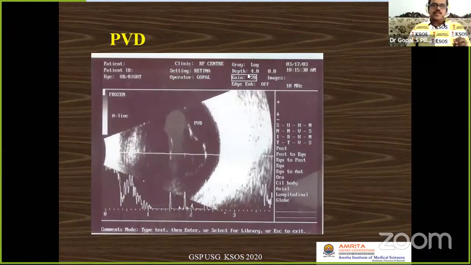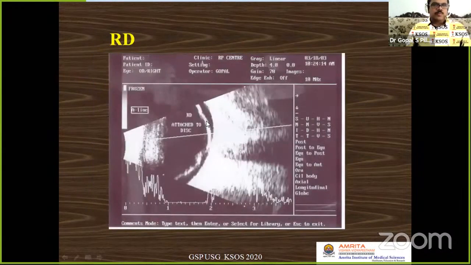Whereas a PVD has a much lesser echo texture, and even at high gains you will be able to see it. At low gains it may disappear. A retinal detachment will never go away at low gain. Even if you reduce the gain to significantly lower levels, the retinal detachment will be there.